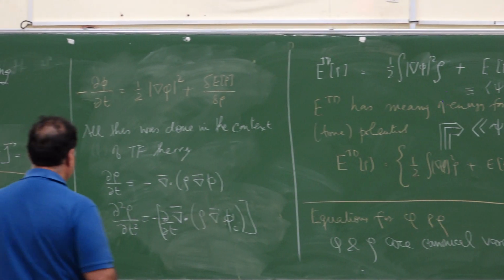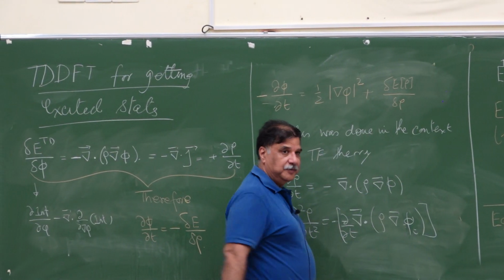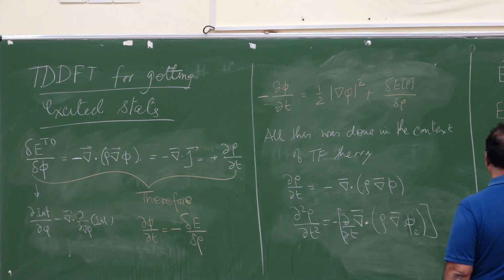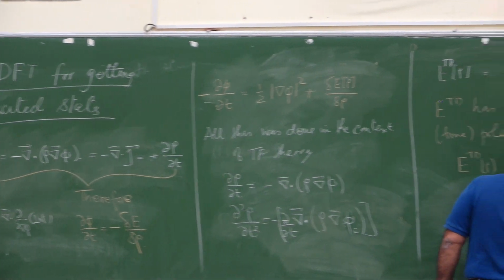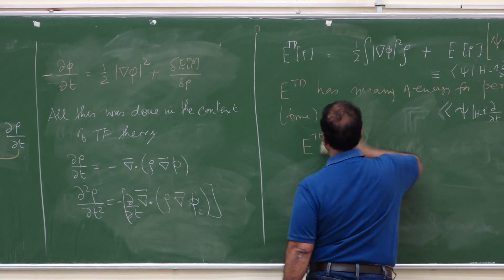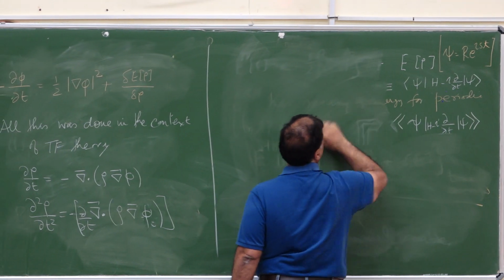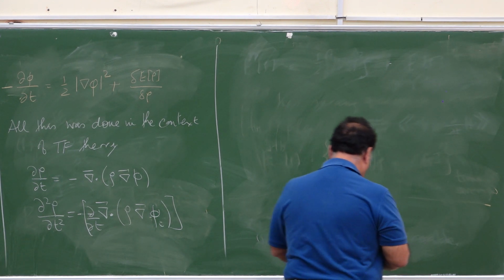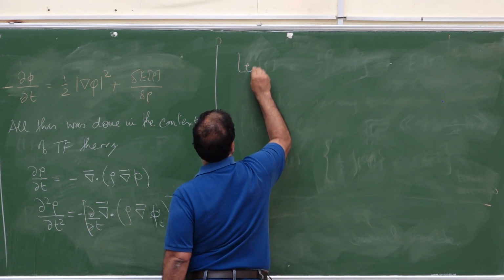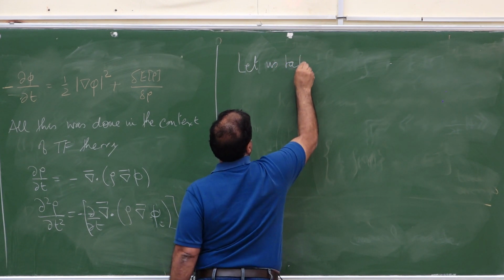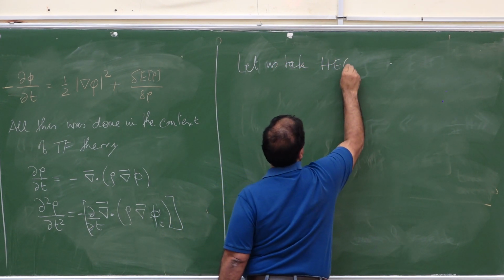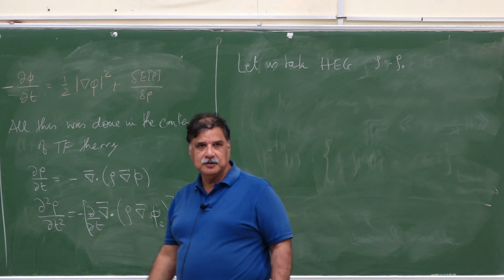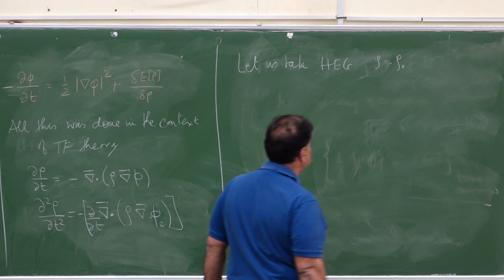Okay, so now I'm going to use this in the context of Thomas-Fermi quantum theory and show you plasma oscillations, how this automatically leads to plasma oscillations. Let us take a homogeneous electron gas. Density equals rho 0, which is a constant, the ground state density.